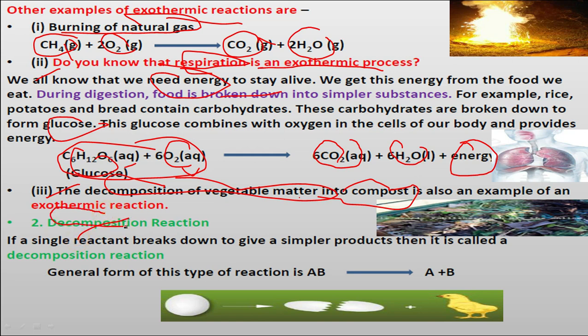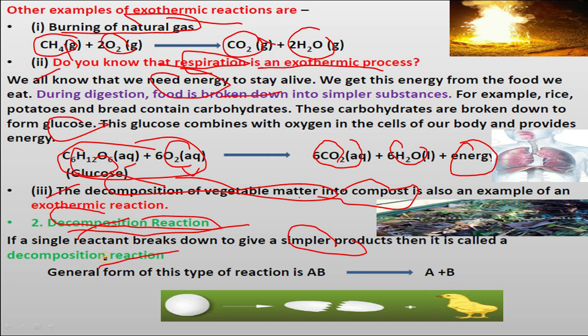This is the second type of reaction, called decomposition reaction. As the name suggests, a reactant will be there and it gets decomposed into different products. Here a single reactant breaks into simpler products.